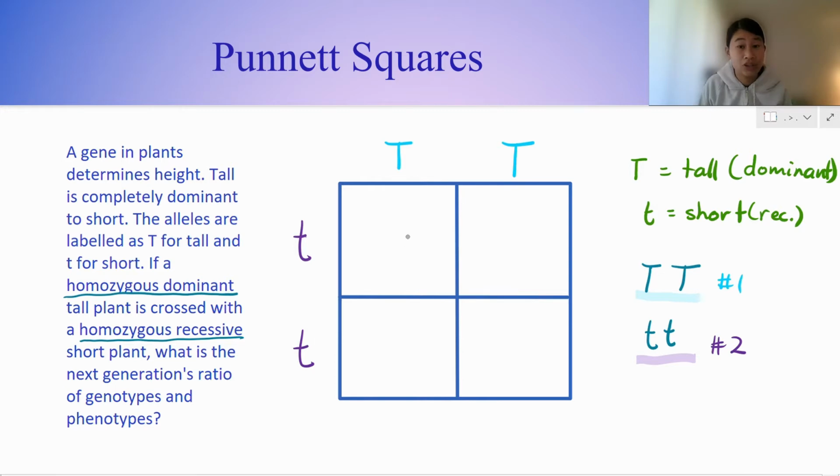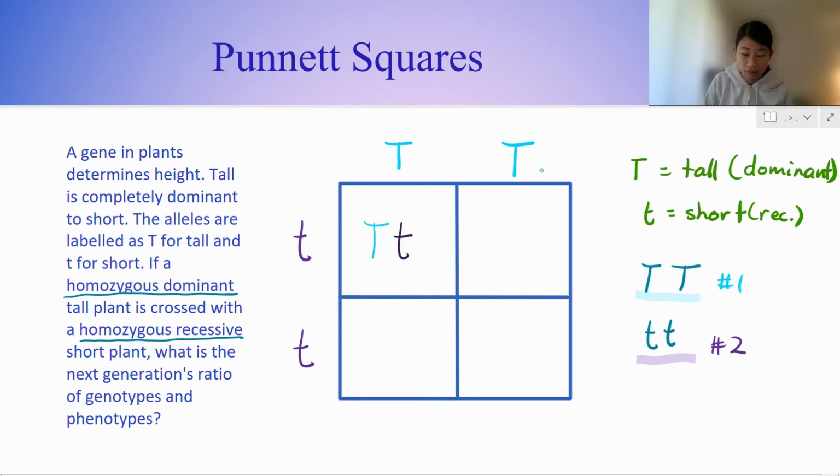Now let's figure out the genotypes of the offspring, okay? And that's going to be placed in these 4 boxes. So in box number 1, let's do this one. We have to see what meets from the vertical column and what meets from the horizontal row. And so we see that big T and little t meet. So we have big T and we also have a little t. Next we go on to this box, okay? And we do the same thing.